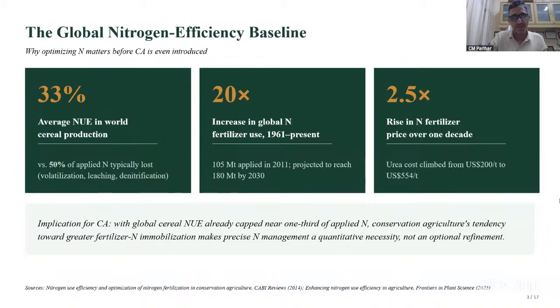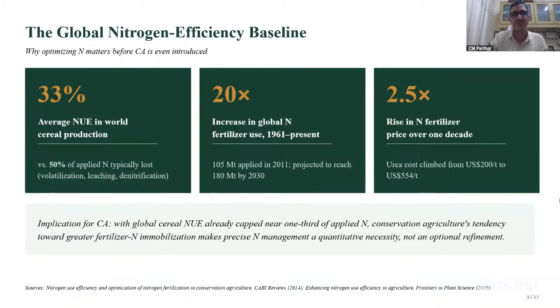The remaining is either lost, or some amount can be used in soil buildup as well. But the use efficiency is not beyond 30%, particularly for nitrogen.